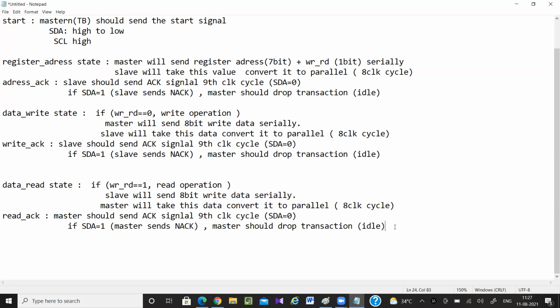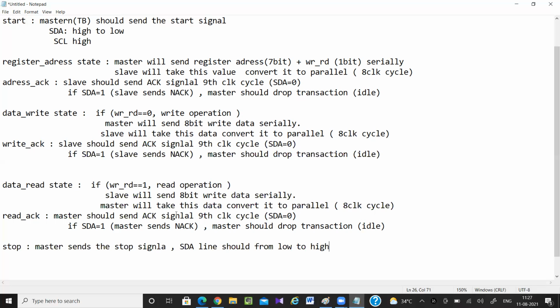Now after that, there is a stop state. Here the master sends the stop signal, that means the SDA line should go from low to high.